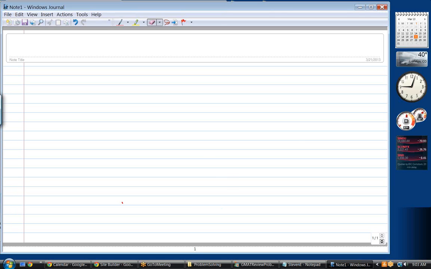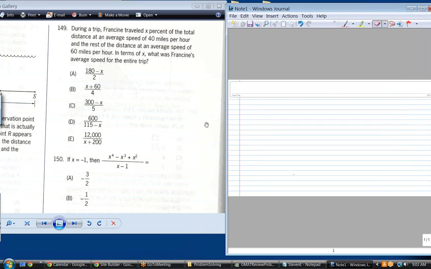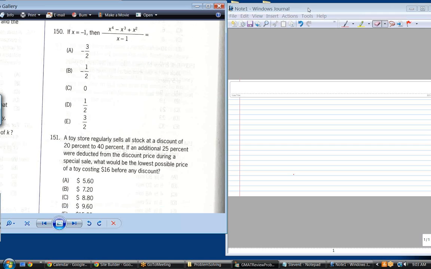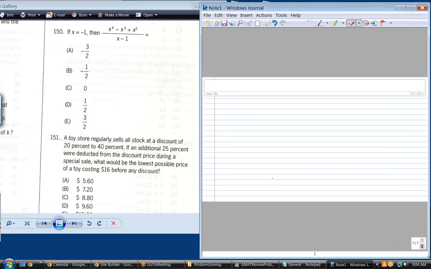All right, let me shrink this a little bit. Did we do 150? Pretty sure we did. Yes. Let me go through it one more time. So if x equals -1, remember we thought about, can I simplify the terms? But if -1 is so simple, I just pop it in for the x's.